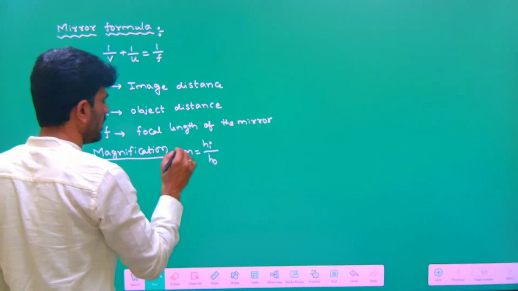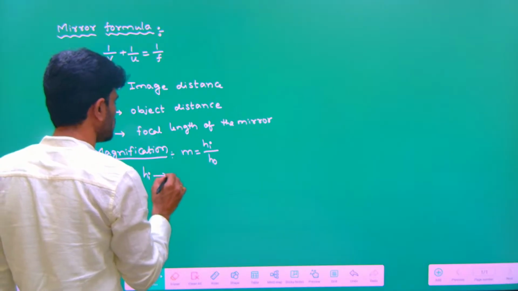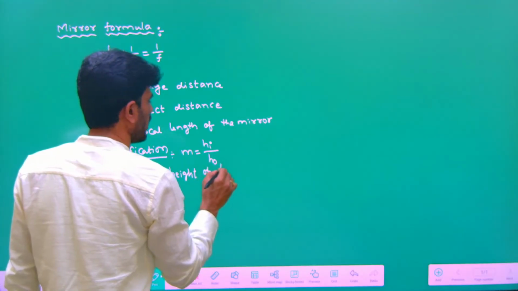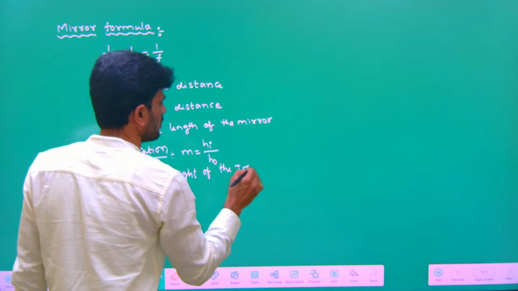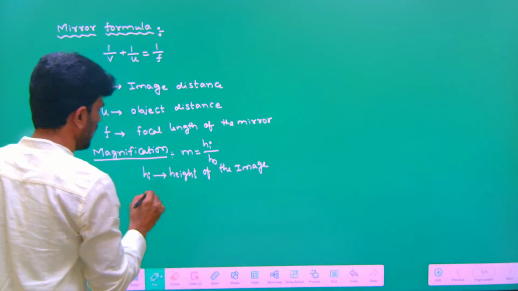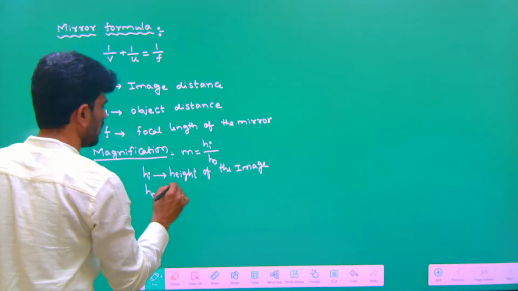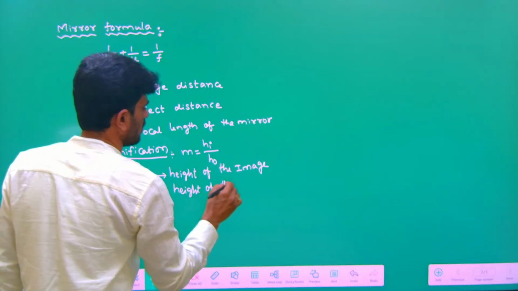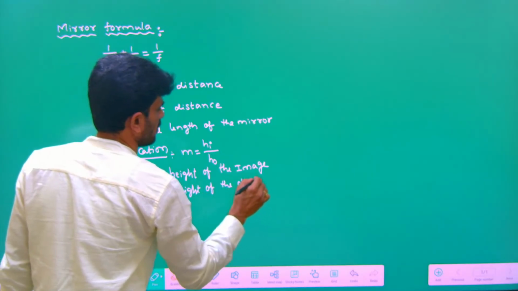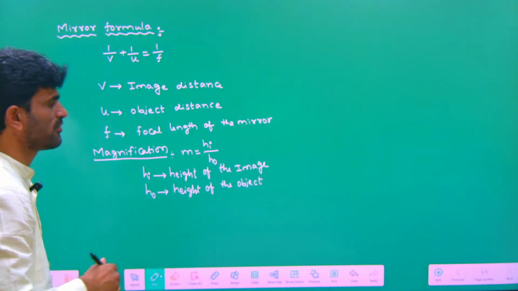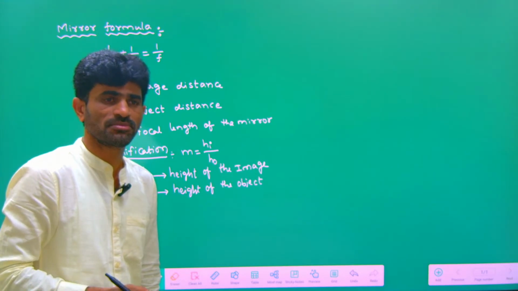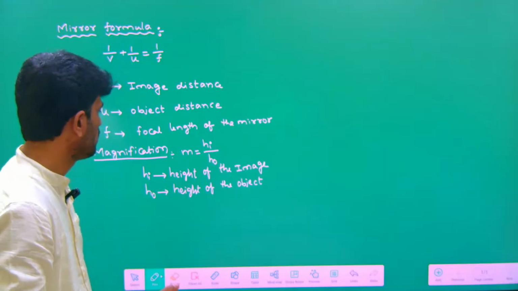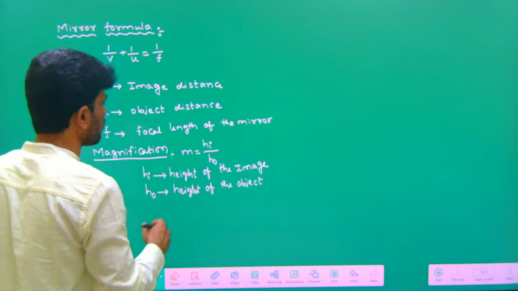What is hi here? hi is the height of the image and ho is the height of the object. Height of the image by height of the object will give you the magnification of the image. That means whether the image is enlarged or reduced, magnified or diminished, we can find out using this magnification formula hi by ho.